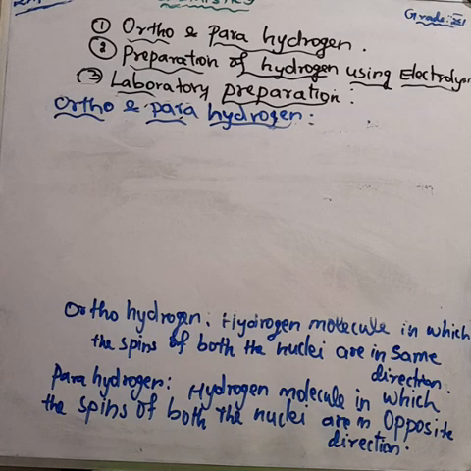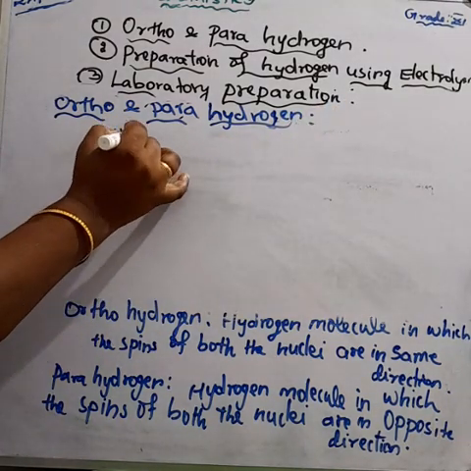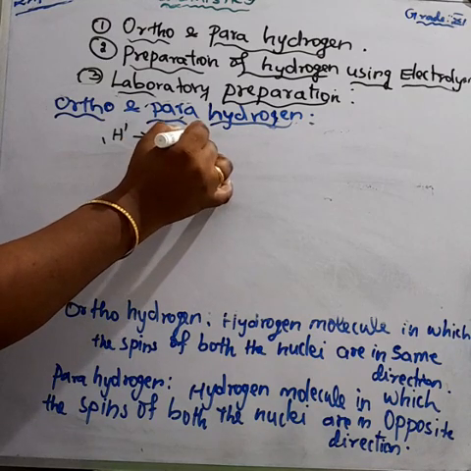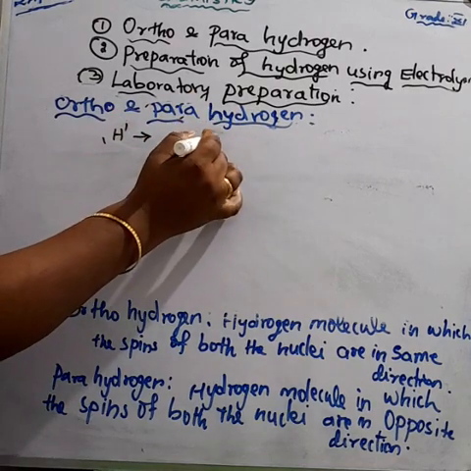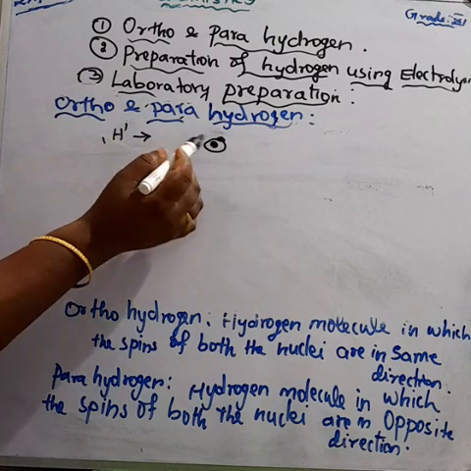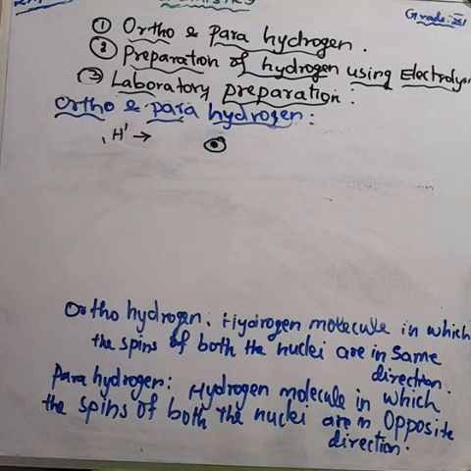Listen. The hydrogen atom consists of a proton around which one electron revolves. Hydrogen means one proton and one electron. This is the nucleus of the hydrogen atom.